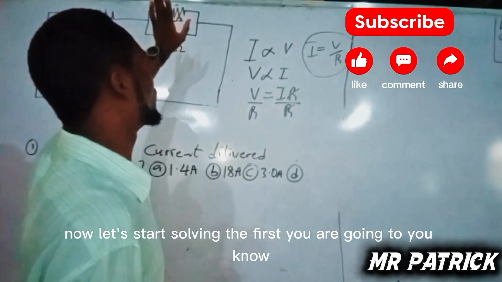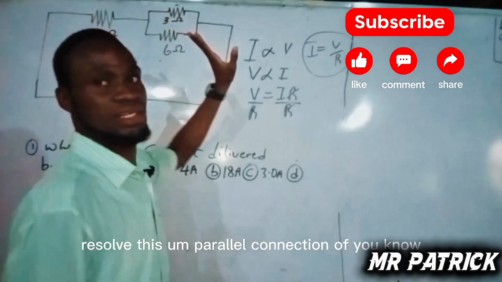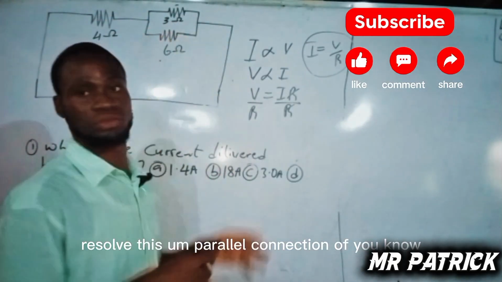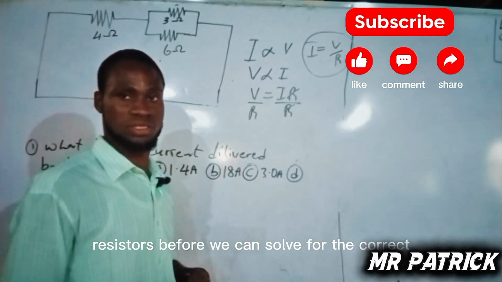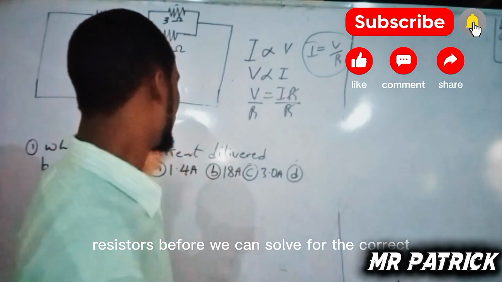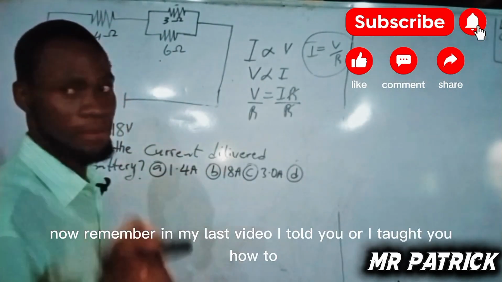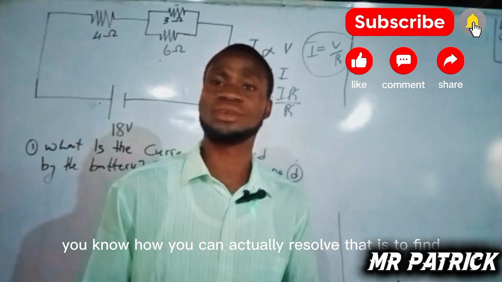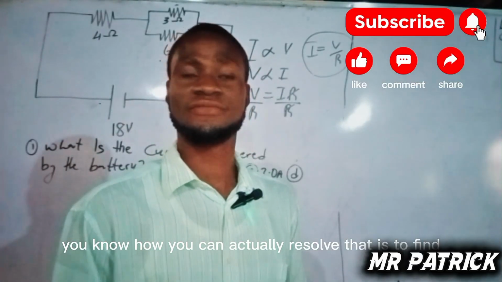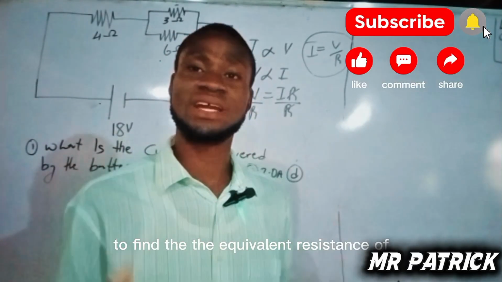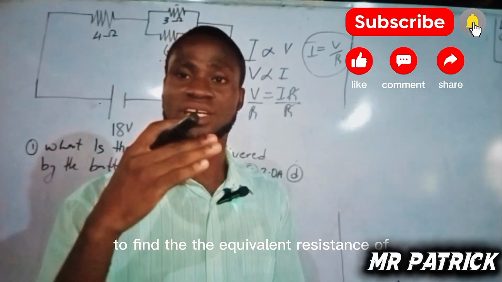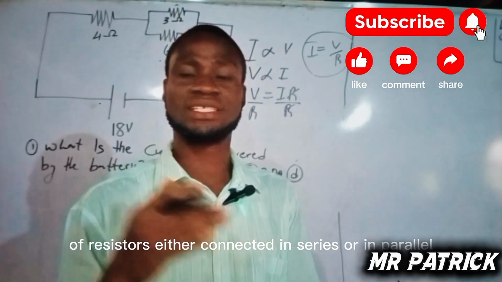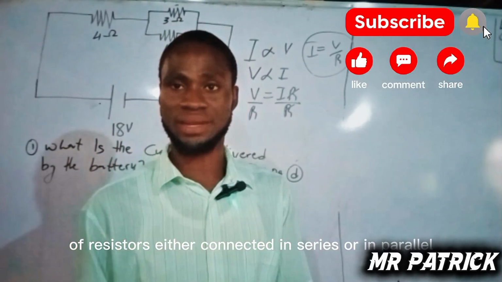But first, we are going to resolve this parallel connection of resistors before we can solve for the current. Remember, in my last video, I taught you how to find the equivalent resistance of resistors, either connected in series or in parallel.